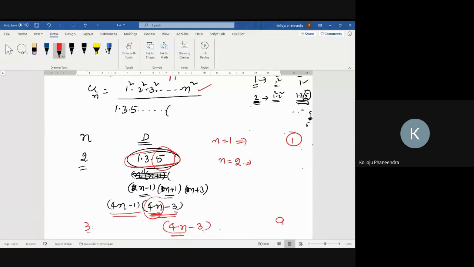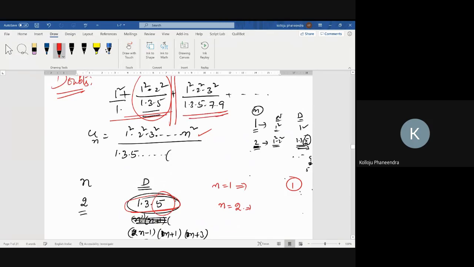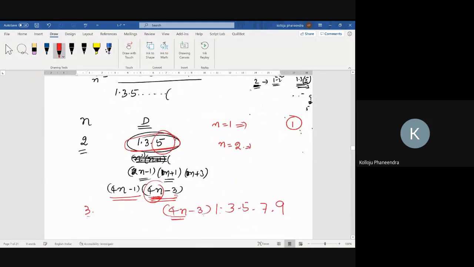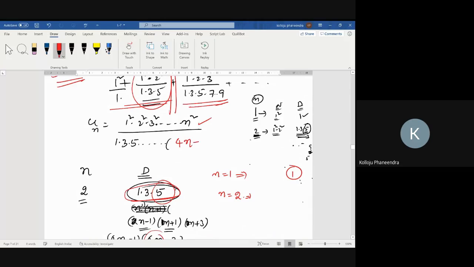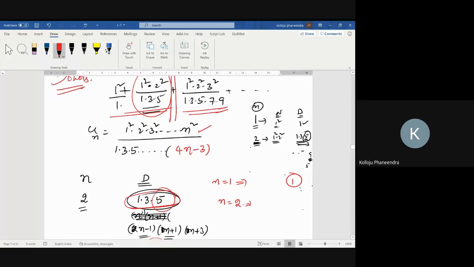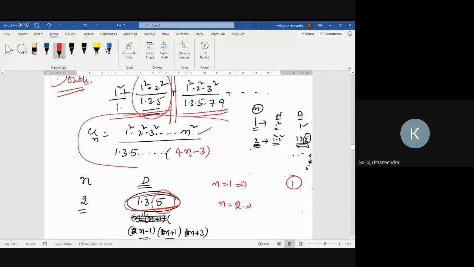That means this last term 9 has before terms 7, 5, 3, 1, like that. You will get all these. So the nth term in the denominator, the last term, you have to write 4n minus 3. Now if I consider this as the nth term, when I put n equal to 1, I have to get the first term.